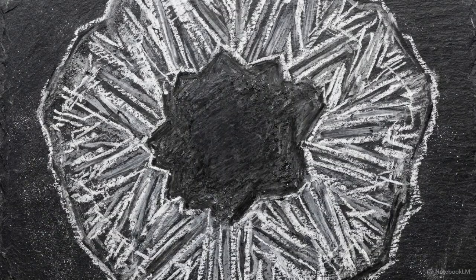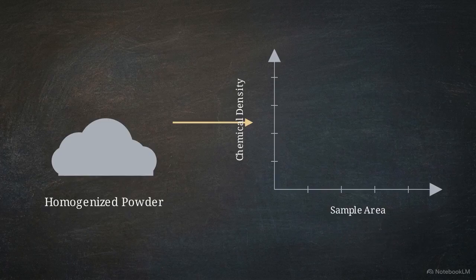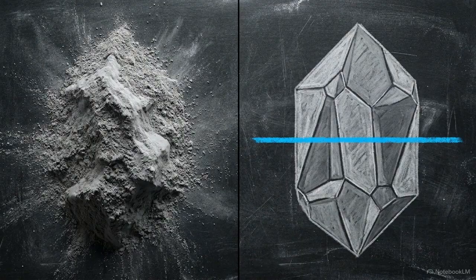A traditional bulk analysis destroys this context. Crushing the sample averages the parent garnet and the daughter minerals into a single misleading data point. By applying backscattered electron contrast mapping, we isolate the chemical boundaries of the grain without compromising its structural position.